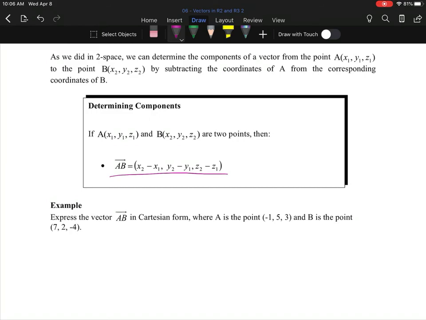And that's all we're really asked to do here, is it says, find the vector AB here, and what I do is I subtract the x's, 7 subtract -1. I subtract the y's, 2 minus 5, and I subtract the z's, -4 minus 3. Just like that. 8, -3, -7. Let me just check those numbers there. 8, -3, -7. That's it.